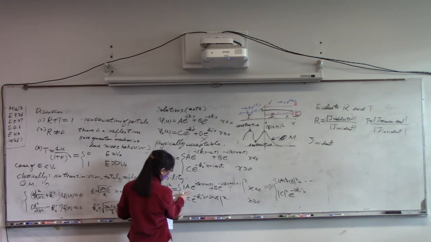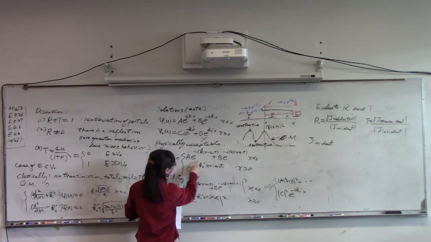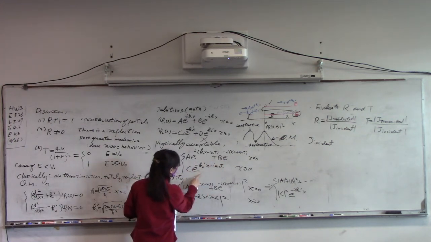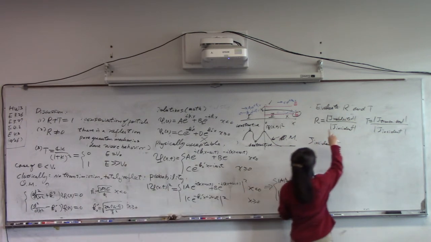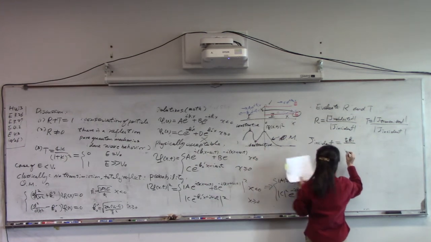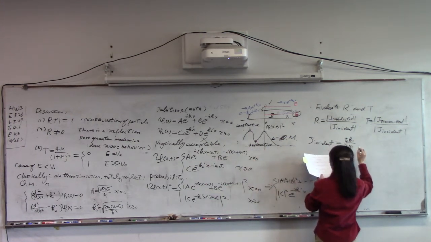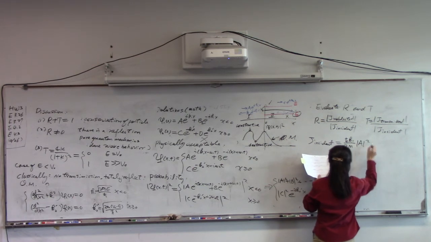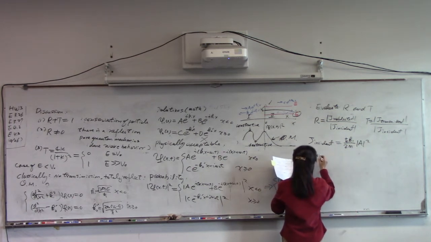This is the incident wave. This is the reflected. This is the transmission wave, and substitute into the formula. So now let me give you the final. This one doesn't change since the behavior on the right-hand side is the same, so we have the same formula as previously. That's the reflection.